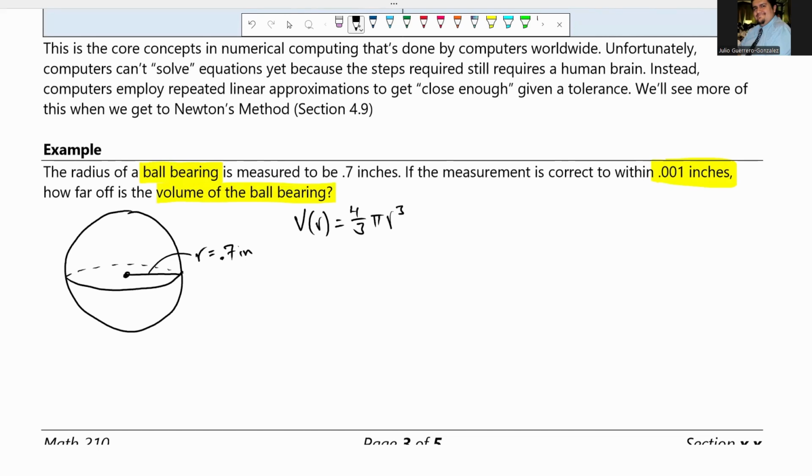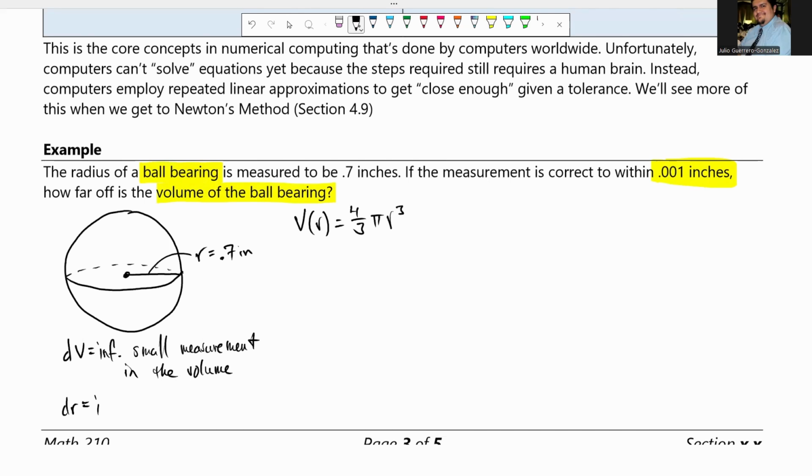All right. So now there are two things that I want to define. There's this dV and this dr. dV is the infinitesimally small measurement in the volume.